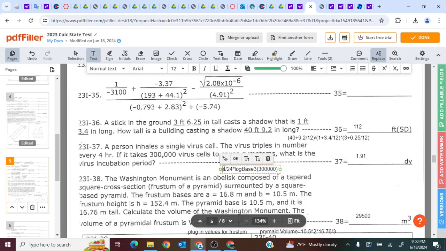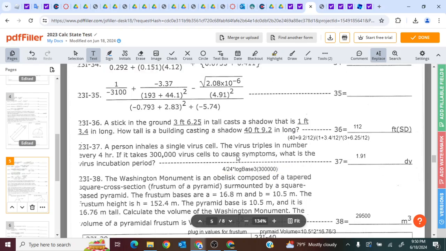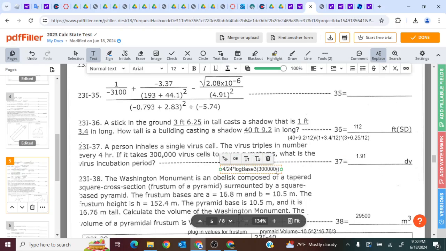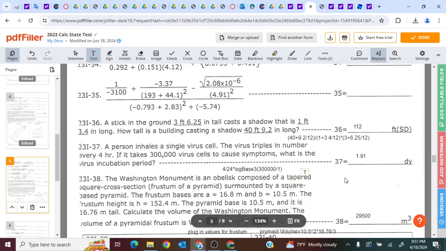And then you multiply it by the amount of time it takes to triple in terms of days, because your answer is in days. So 4 hours over 24, 1/6 of a day, multiplied by log base 3 of your number of virus cells. If you want to get more specific, you are dividing by 1 because you're starting with 1. And that 1 is continually tripling, but for visual sake, it's the exact same.